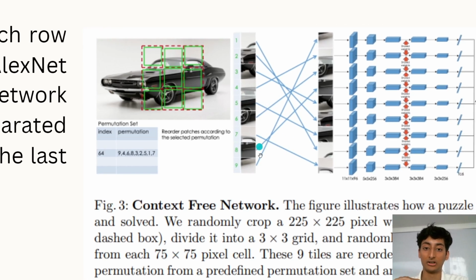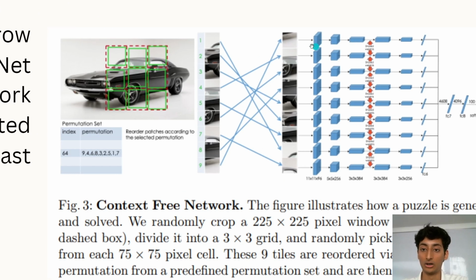So let's say I have the original image, I permute it randomly and then feed it into a network. It extracts its features, it gets a representation, and in between, I share the weights of this representation that I've obtained per piece.